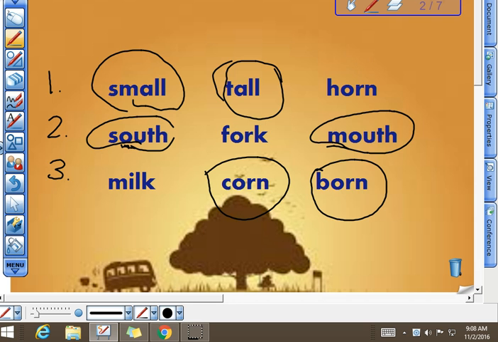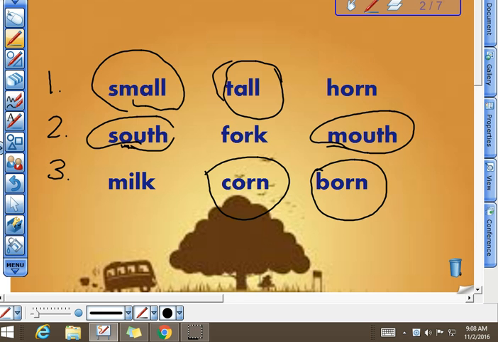So in the first row, Maddie has circled small, tall. They both end with the sound all. What about horn? What is the sound that horn would end with? Horn. Yeah, horn. You got to get all those sounds. Very good.